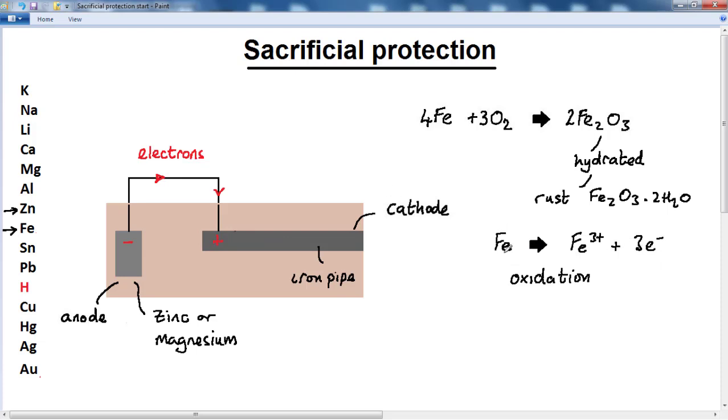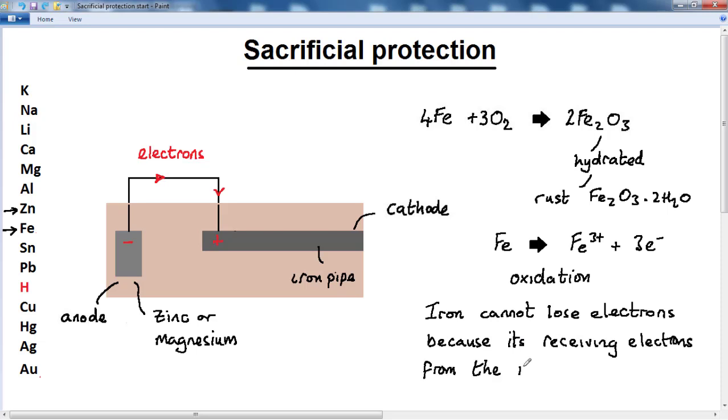The iron, in order to be oxidized, needs to lose electrons, but it is unable to do so because it's receiving electrons from the more reactive metal. This metal is the sacrificial metal. Let's make a note of that. So in sacrificial protection, the iron cannot lose electrons, that's to say it cannot be oxidized, because it's receiving electrons from the more reactive metal.